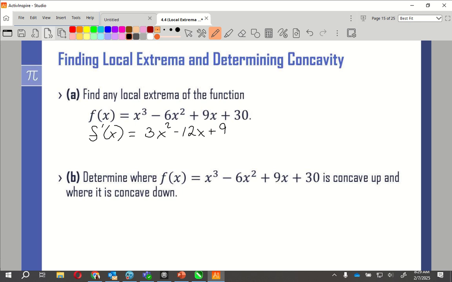Okay. All right, so factor, what can I factor out? A 3? So 3 quantity... set equals 0, that 3 is going to go away, but then I still have to factor the others.